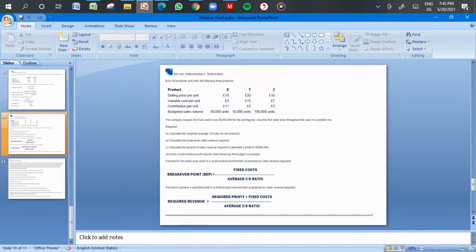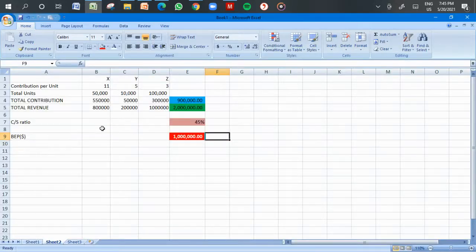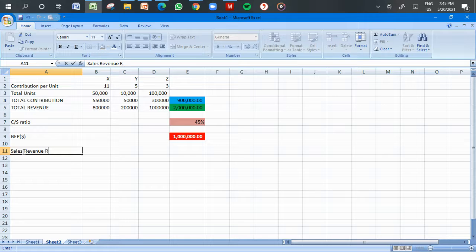Then requirement number 3 is saying calculate the amount of sales revenue required to generate a profit of 600,000. For the amount of sales revenue required, the formula is fixed cost, which in this case is 450,000.